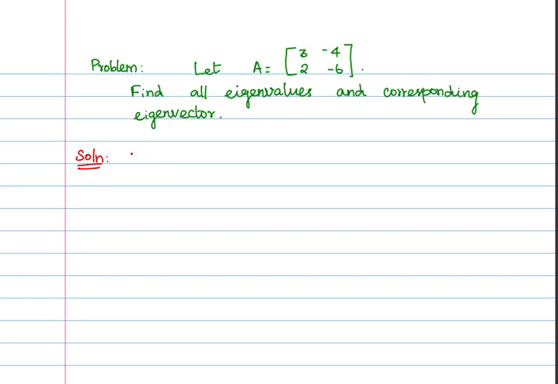First we want to find the characteristic equation. The characteristic equation is P of lambda equal to the determinant of A minus lambda I. Or we can use the formula.